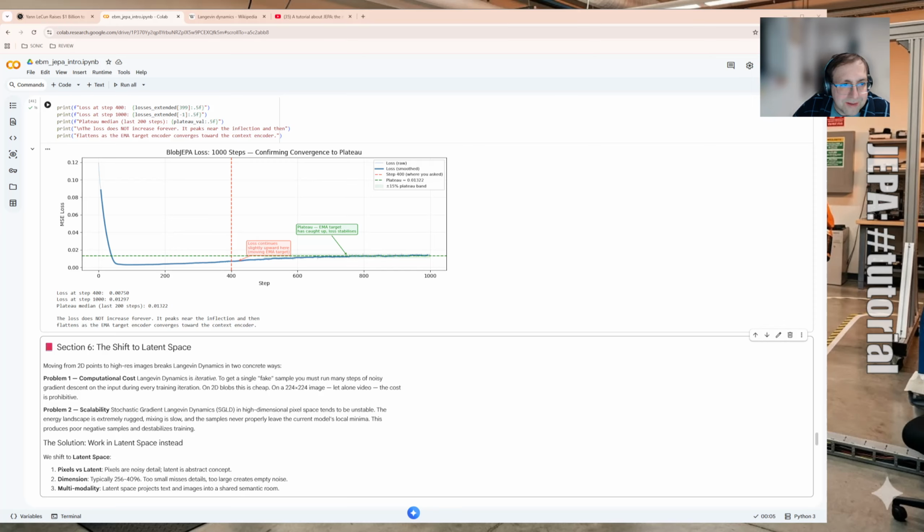So yes, it's a little bit higher, but essentially it has stabilized. Okay, and this should always be the case. Then the question is, when should I stop? I'm not sure how you do that. I think it's maybe in one of the papers, but we can investigate that later.